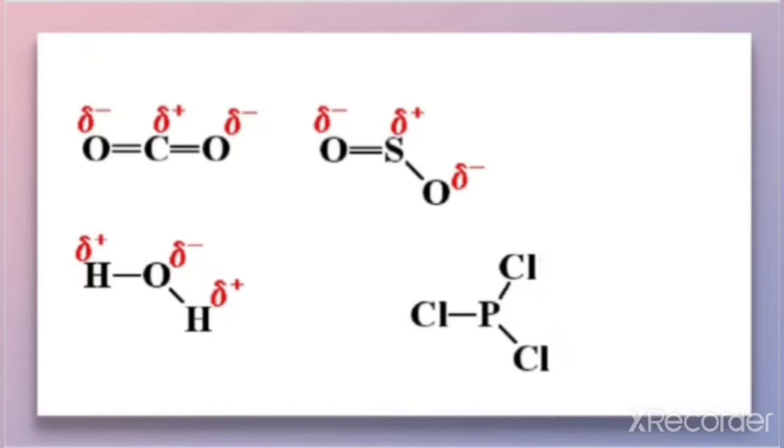What about PCl3? In PCl3, there is a single phosphorus and three chlorines. Which is more electronegative, phosphorus or chlorine? Definitely chlorine, so it develops a partial negative charge and phosphorus develops a partial positive charge. Once you have identified which is partial negative and partial positive, now you can represent the bond dipoles.